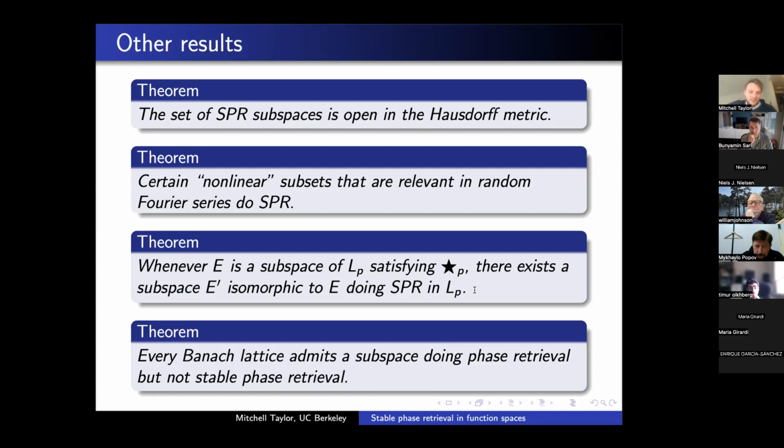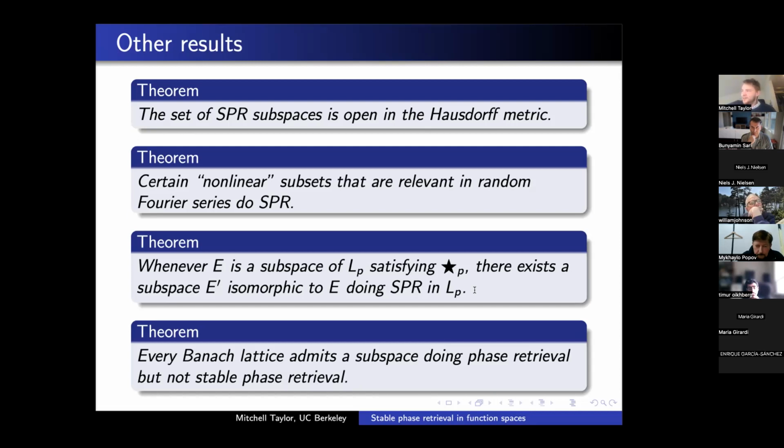Because, let's say when p is less than 2, you can embed L_q for appropriate q, and q-stables and whatnot. And these automatically, no matter what the embedding is, as long as it's isometric, will do stable phase retrieval just by 2-dimensional Banach space arguments.